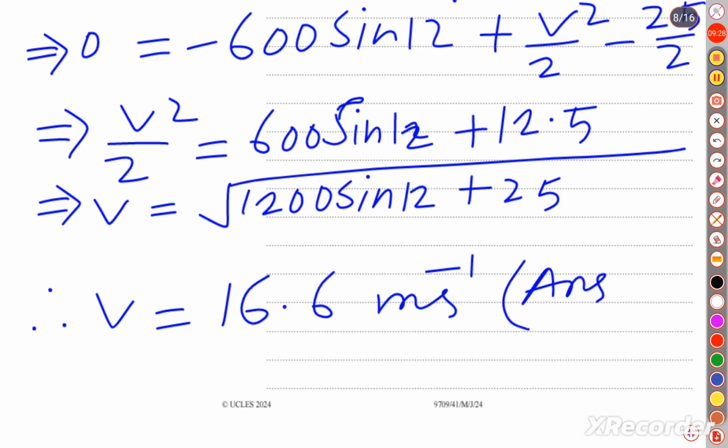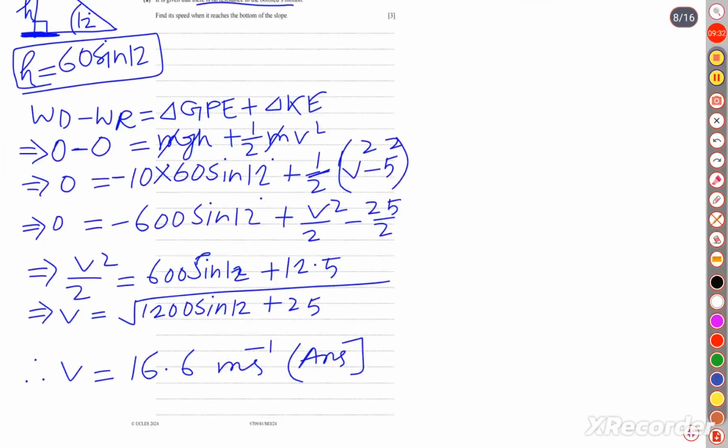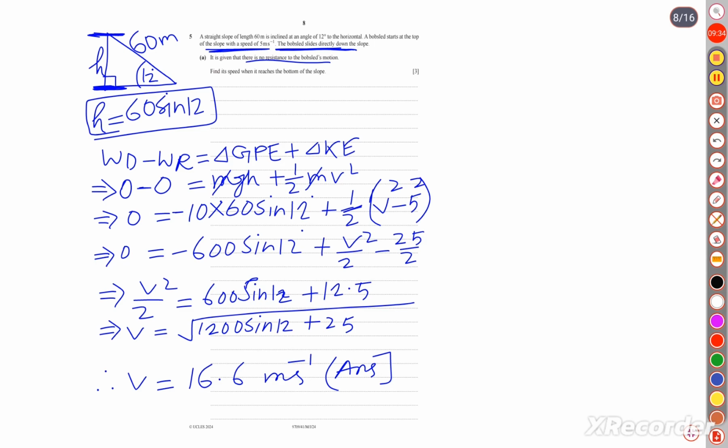So what have we understood here? First of all, we will have to pick the concept, and here we have chosen the concept of the work energy equation. And in the work energy equation, remember the two basic points. One is for driving force: only externally, if any force acts externally on this system, that will be calculated. Weight is not calculated as driving force.